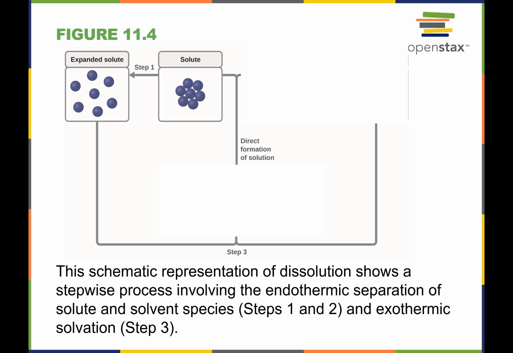So I've got some pictures to show you the whole mixture process. We can think of it stepwise, kind of like a Hess's Law problem where you put together the baby steps to make your overall thing that happens. So in order for a solute, which is a minor amount, to mix with a solvent, basically the particles have to split apart. So here we have the solute particles splitting apart.